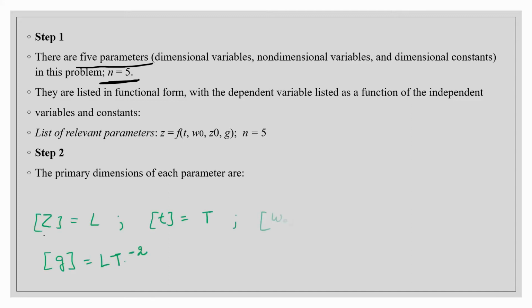My z represents the elevation, so it will have the dimension L. This bracket denotes the dimension, and the dimension of t is time T. The dimension of w naught, the speed, is L T to the minus 1. The dimension of z naught is L, because it is the initial height, and the dimension of g is L T to the minus 2.